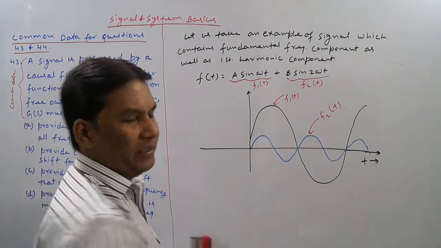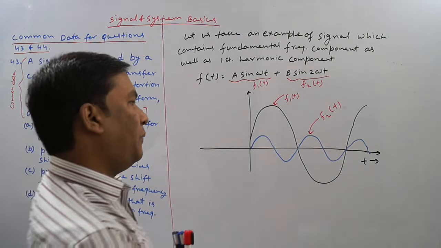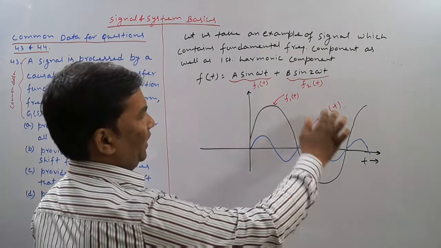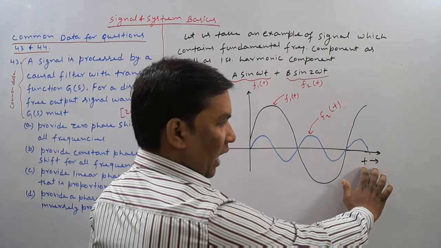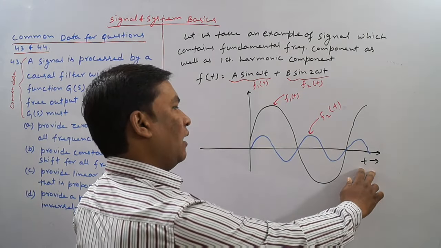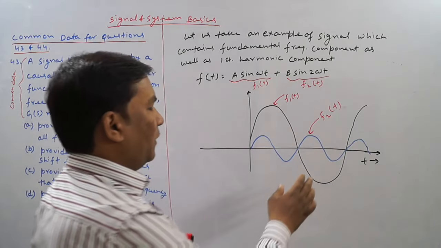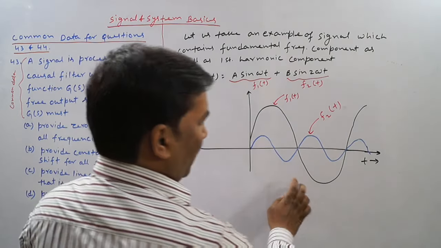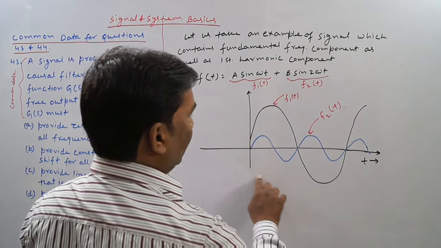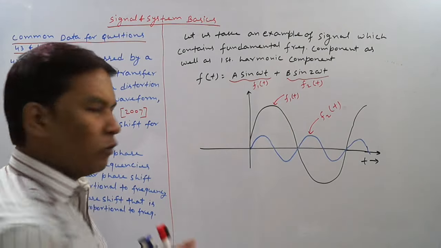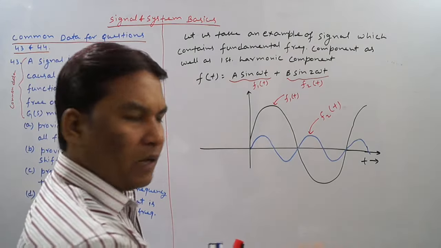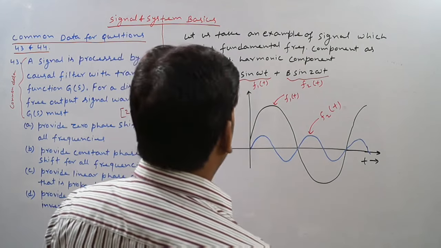Now it is clear from the figure that if we do a phase shift of theta degree in f1(t), and we do the same phase shift in f2(t), then in the time domain, we do the phase shift of theta degree for both.